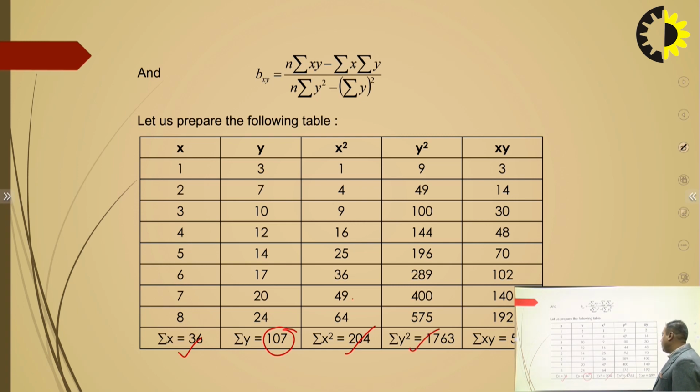The value of summation y square is 1763. Similarly, xy is to be calculated: 1 into 3, 2 into 7, 3 into 10, and so on. We find the values of summation x, summation y, summation x square, summation y square, summation xy, and put these values in our relation.